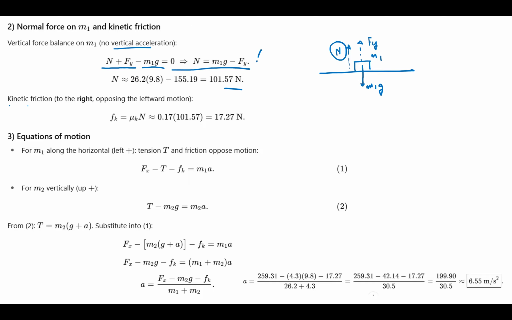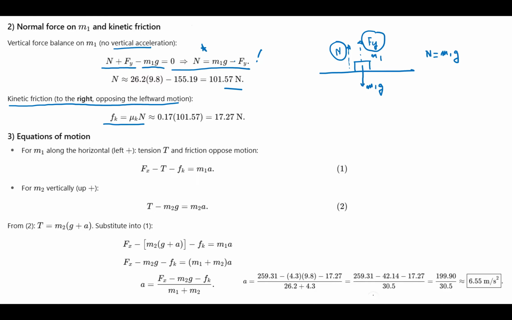And then kinetic friction is given by mu k times N. Here, it is very important to note that if there is no Fy, then we know that the normal force is m1g. But because we have this Fy non-zero, we have these equations.